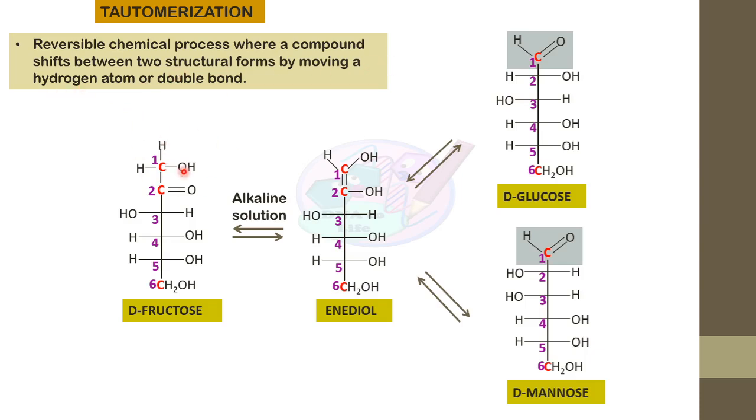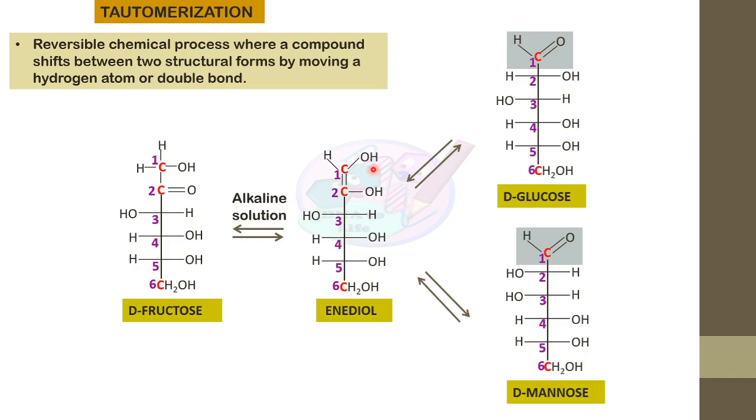If you look here, in fructose a ketone is present. It gets converted to this enediol intermediate, meaning the double bond was here, now it's shifted here, and both of these carbons are attached to a hydroxyl group, and this condition is called enediol.